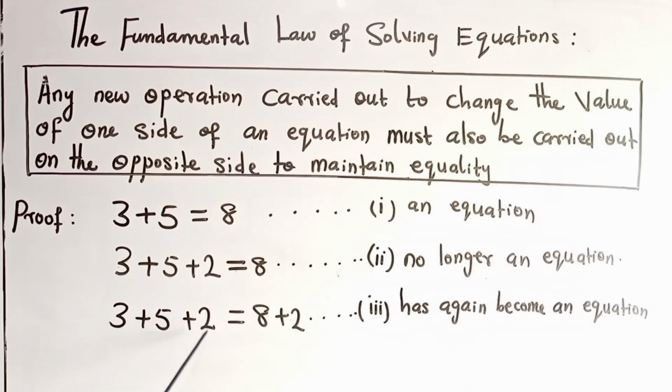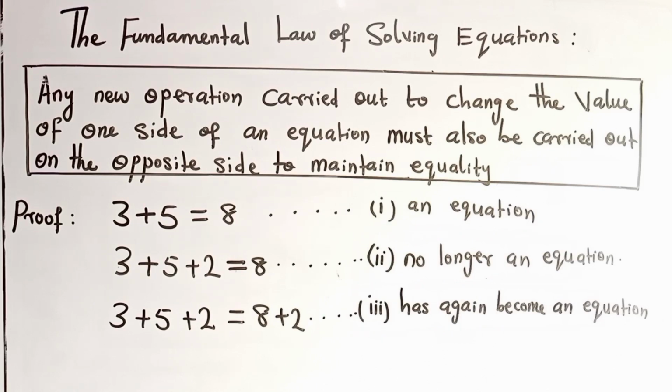Does it change the value of the left-hand side? Surely, yes. If you add 3 to 5, it is 8. If we now add 2, the left-hand side should be equal to 10, no longer the former 8. What it means is that adding 2 to this left-hand side has changed its value from 8 to 10.